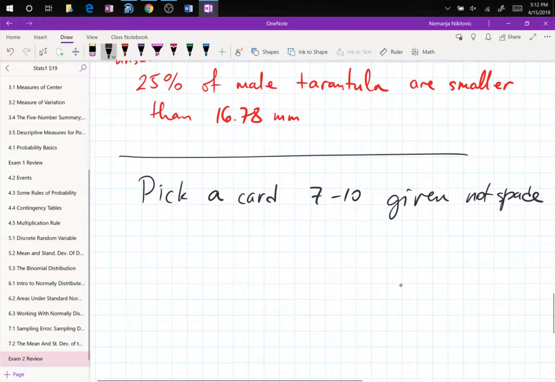So we have 4 suits, right? One of them is spade, and that's the one we don't want. Now, 7 to 10 inclusive. We have 7, 8, 9, and 10.